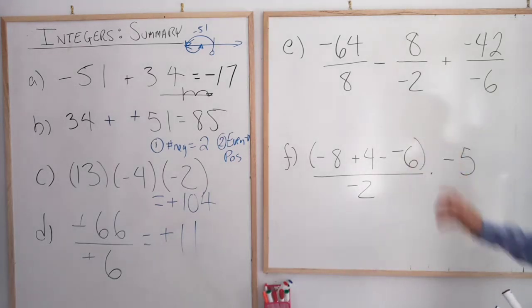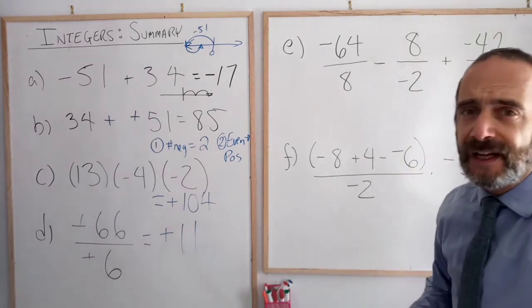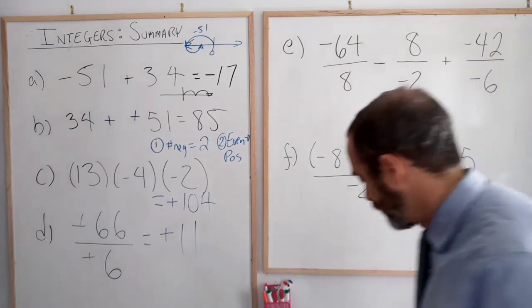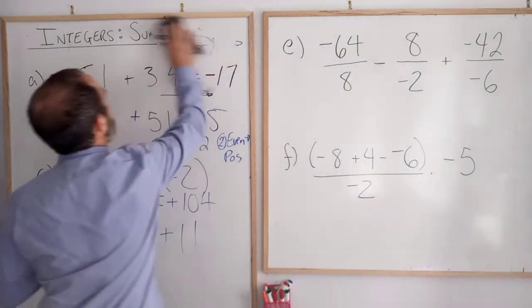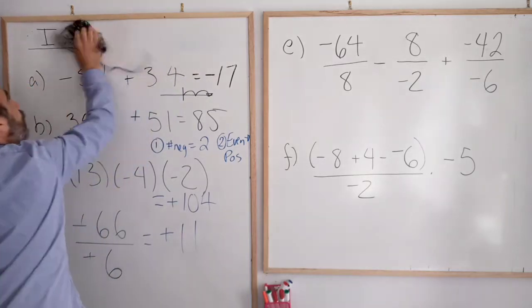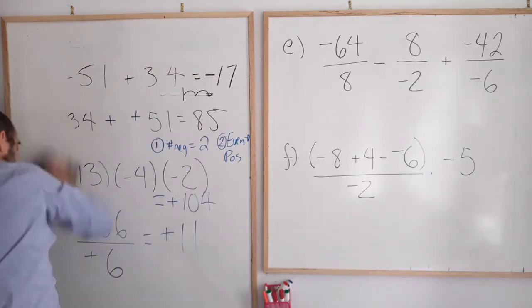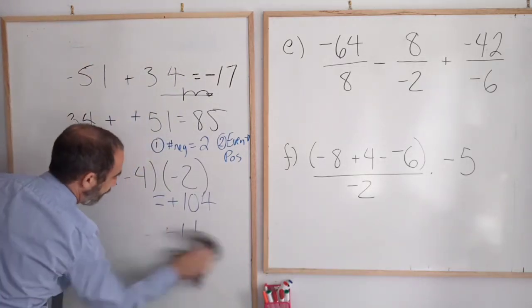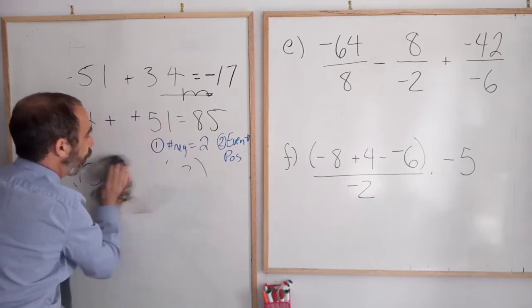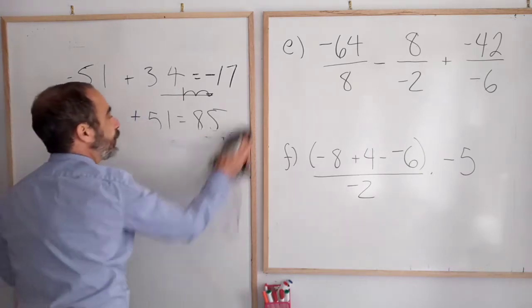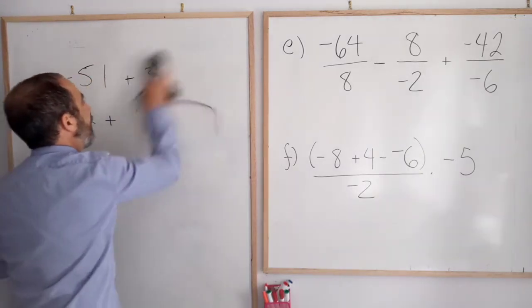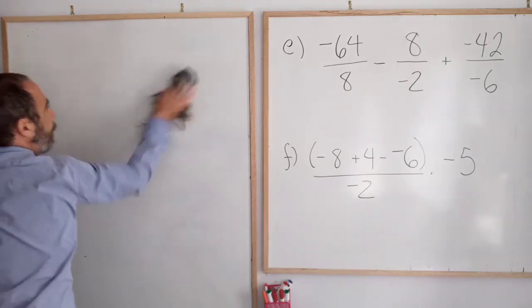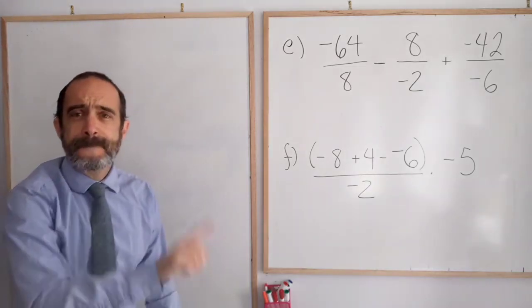So the next two are kind of new. This is based on order of operations, so I'm going to briefly mention that over here. The order of operations, you may remember, is BEDMAS.